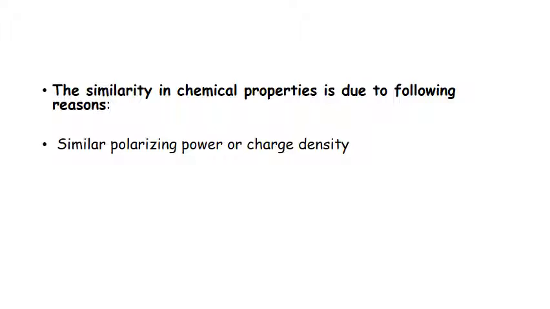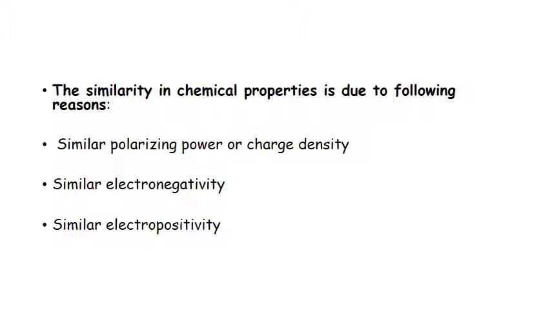One, they usually have similar polarizing power, or what we call the charge density, and this is brought about by a very small atomic and ionic radius as compared to other group members. So they have similar electronegativities, they have similar electropositivities, they have similar electrode potentials. So these are the reasons why we expect those particular elements to exhibit diagonal relationship.